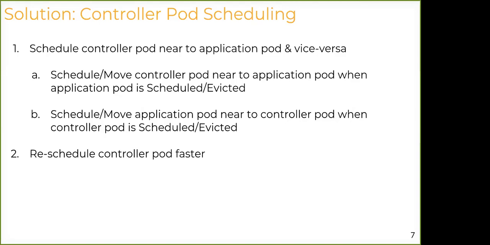And the second point is that OpenEBS wants the controller pods to be rescheduled faster, because if the reschedule doesn't happen quickly, there will be session disconnections, and OpenEBS wants to avoid that.